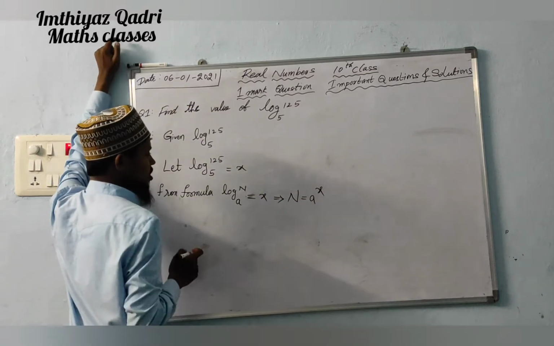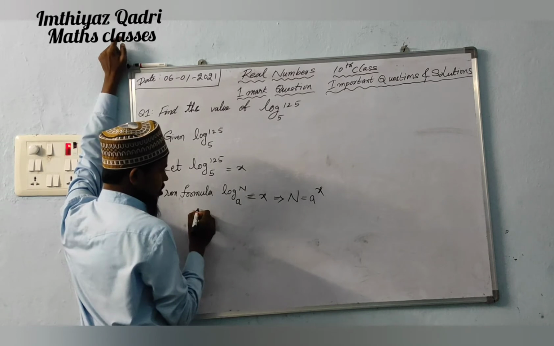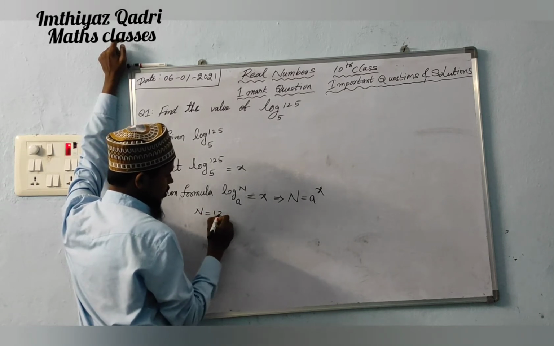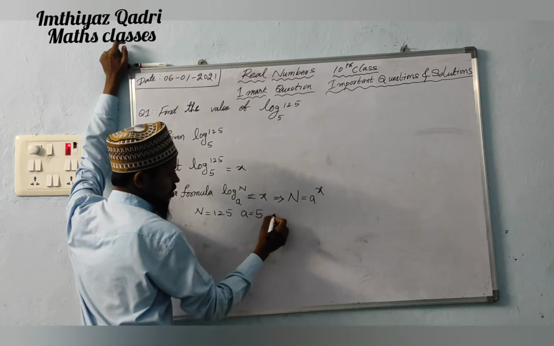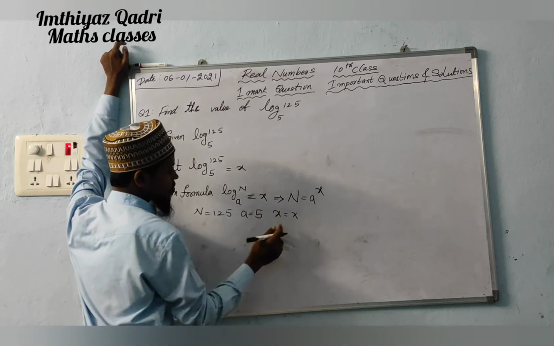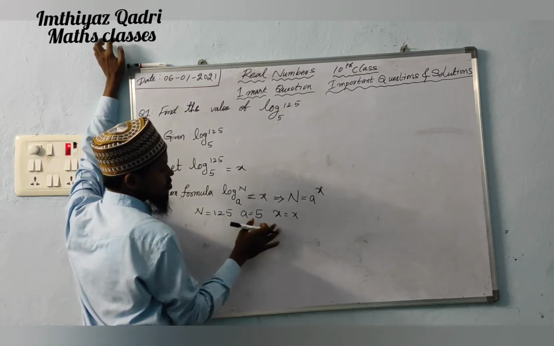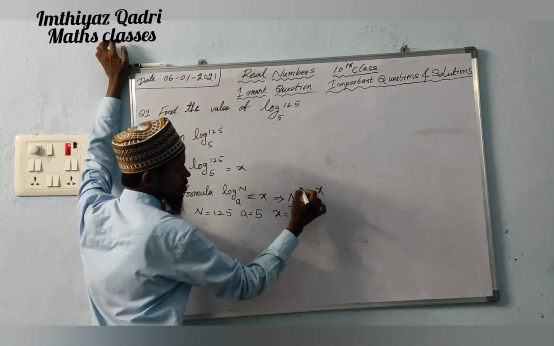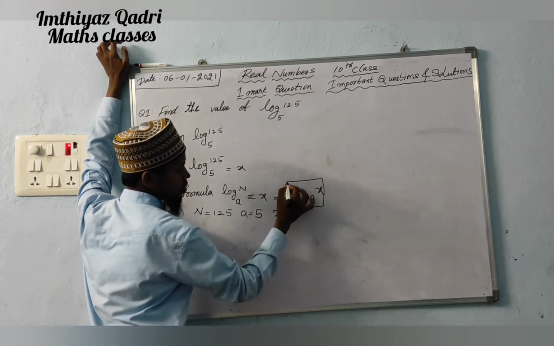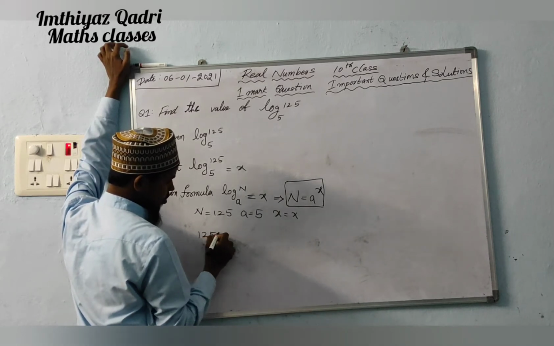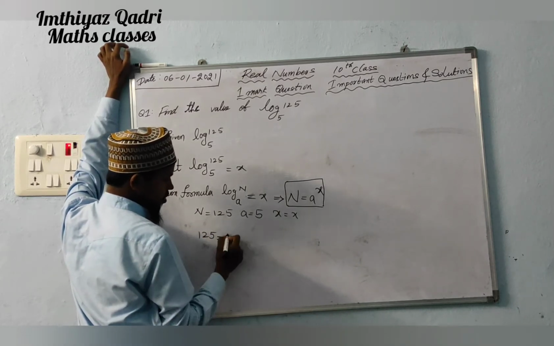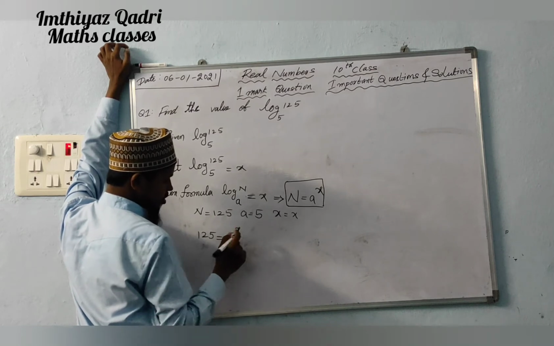From this equation, n is equals to 125, a is equals to 5, x is equals to x. These all are values substituted in this. n 125, a means 5 power x.